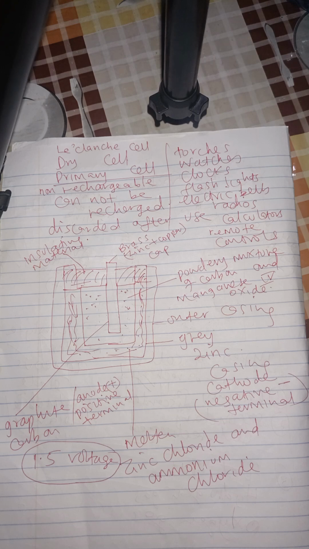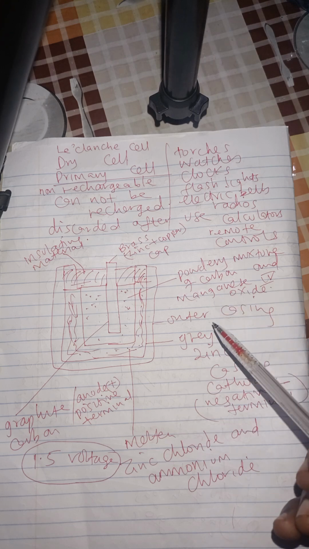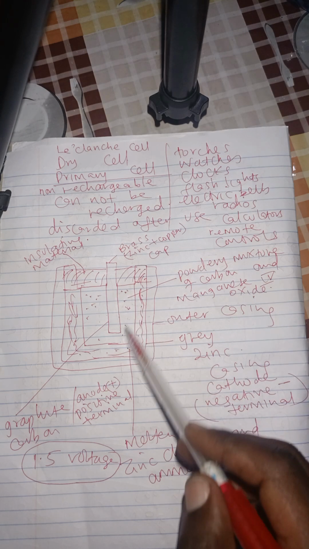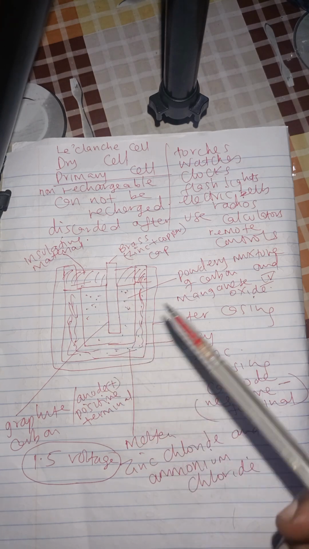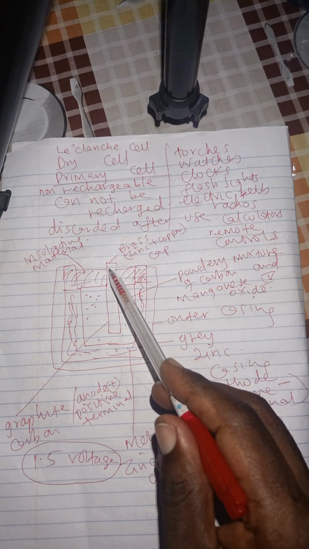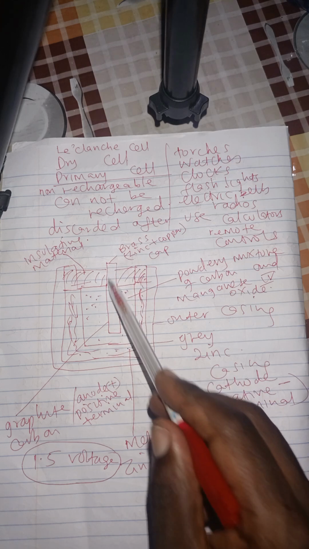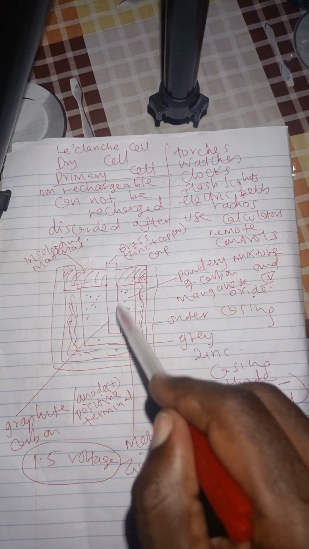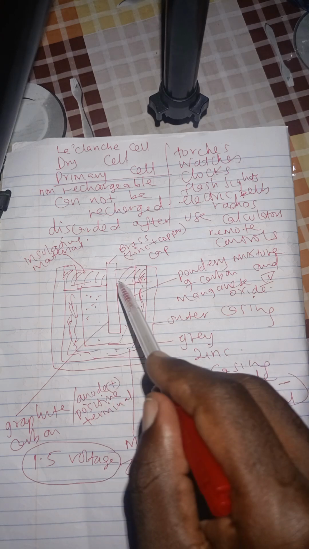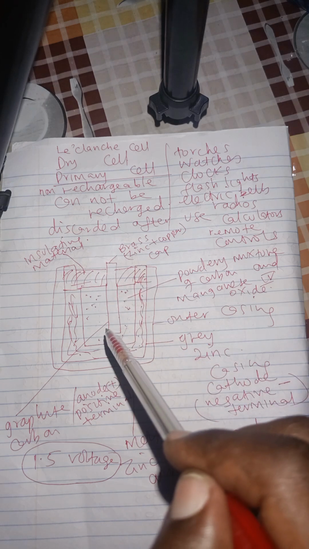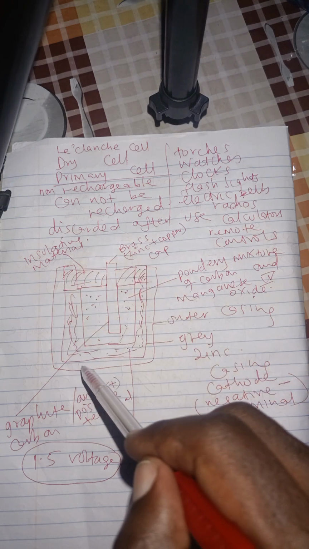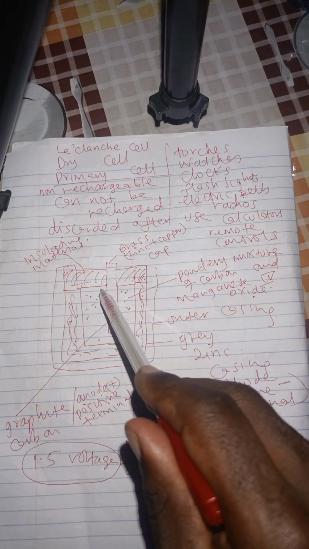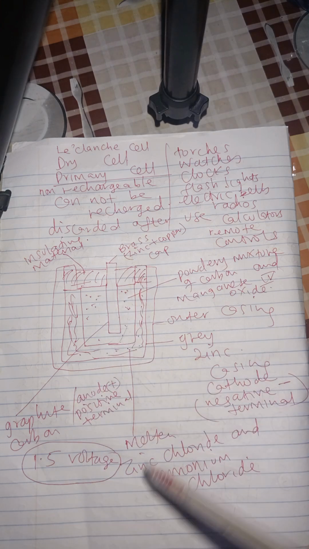And this is facilitated when carbon in the form of a powder is allowed to surround this part. To make it have a larger surface area, to make it more efficient and facilitate these redox reactions occurring, we need to add carbon in powder form so that this surface area is increased.